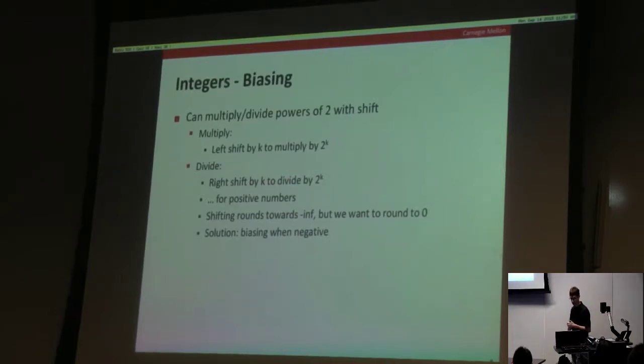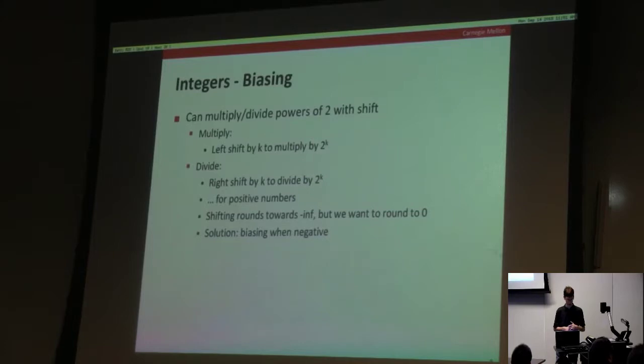We have signed and unsigned integers. If we have an unsigned integer, then it represents the numbers 0 through 2 to the number of bits we have minus 1. And if we have a signed integer, then we can go from negative 2 to the number of bits minus 1 to 1 less than that in the positive, because 0 is a non-negative number.